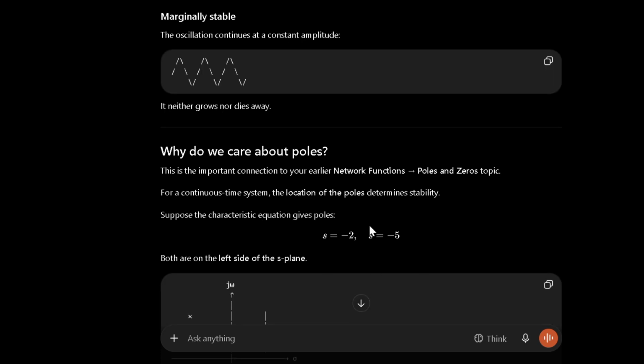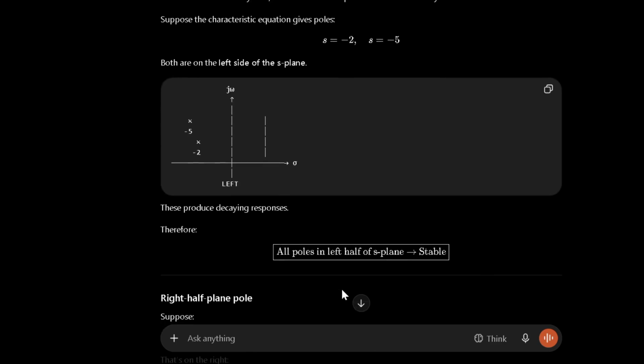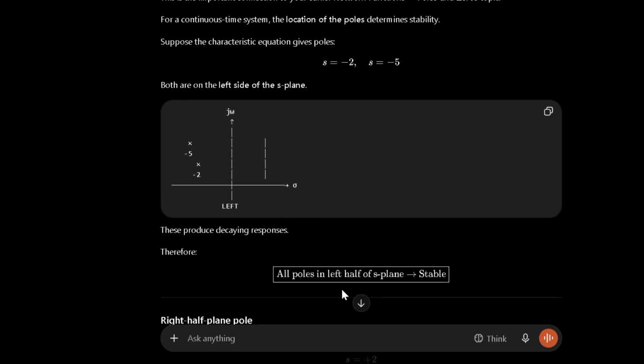If you take an axis j omega, this is the left plane and this is the right plane, like a Cartesian graph. Here minus 5 and minus 2, these two are in the left plane. Left plane means they are stable.